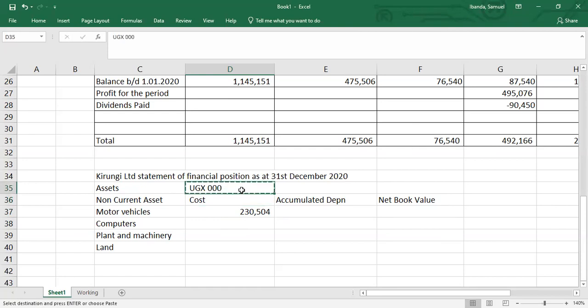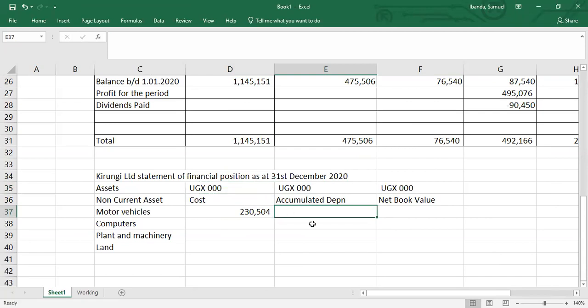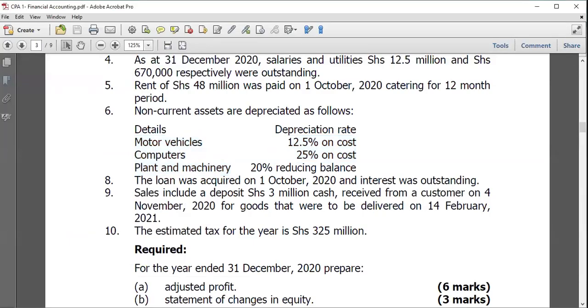Okay, it's very important that you don't forget, so that you don't confuse the examiner. Okay, so accumulated depreciation, usually they have provided you the accumulated depreciation.